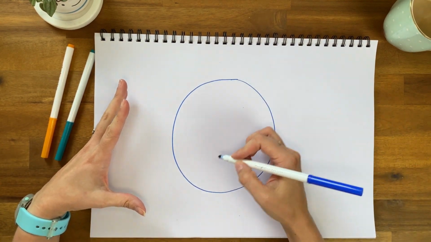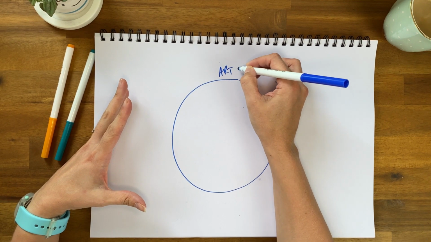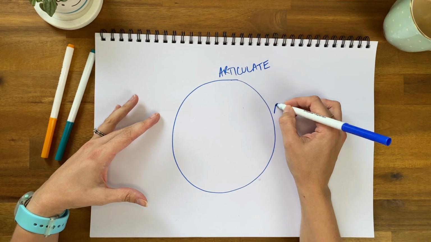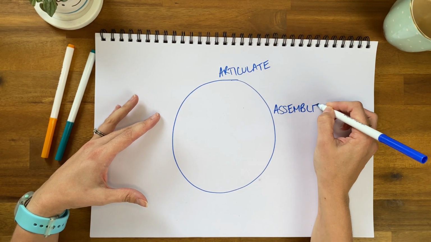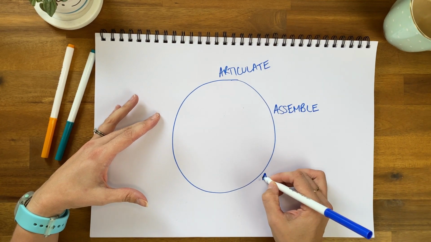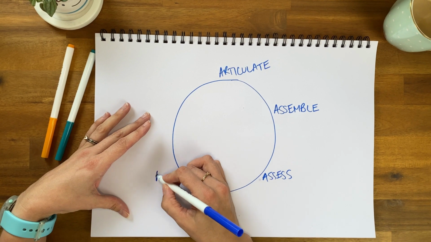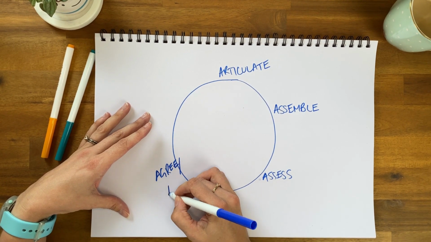So we've got our EBLIP process where we start at articulate, we assemble, and then we assess and weigh up the evidence, and then we agree or apply.